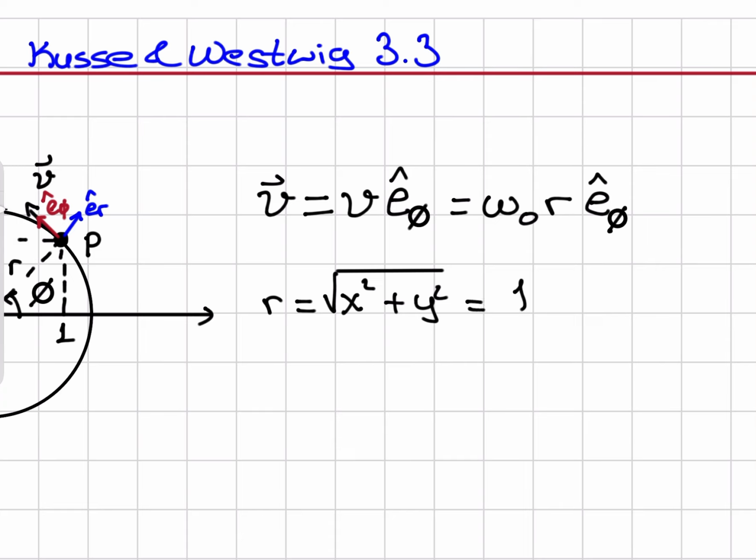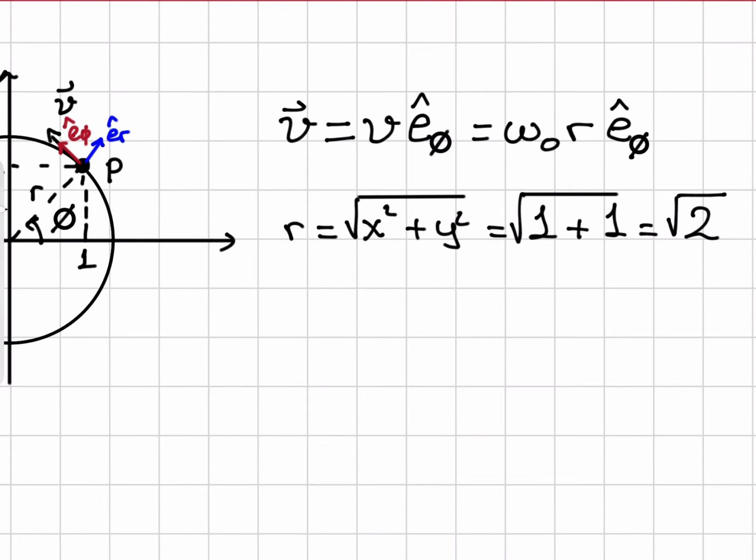This is the square root of 1 plus 1, which is square root of 2. And therefore, we can write the velocity vector v as omega 0 r, but r is square root of 2, so it is square root of 2 omega 0 in the e phi hat direction.